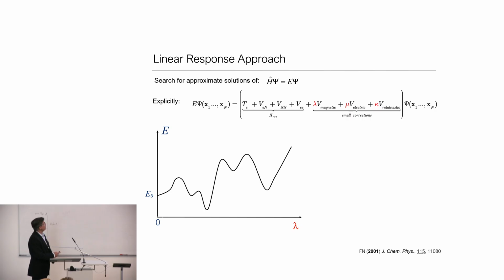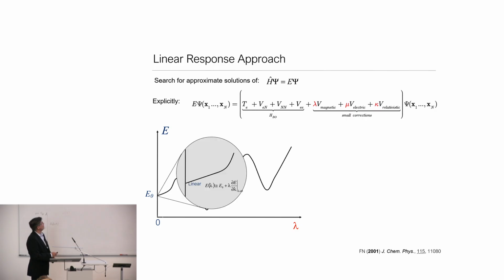If you plot the energy as a function of that perturbation parameter, say lambda, something funny will happen, right? But there's one thing you can always rely on: as long as the perturbation is small, the rate of change of the energy as a function of lambda will be linear. And the slope, the first term in the Taylor expansion, is called the linear response of the system to the perturbation.